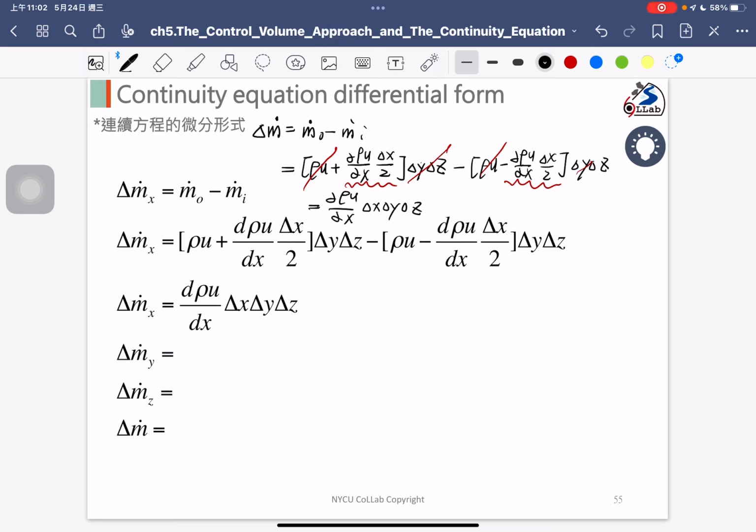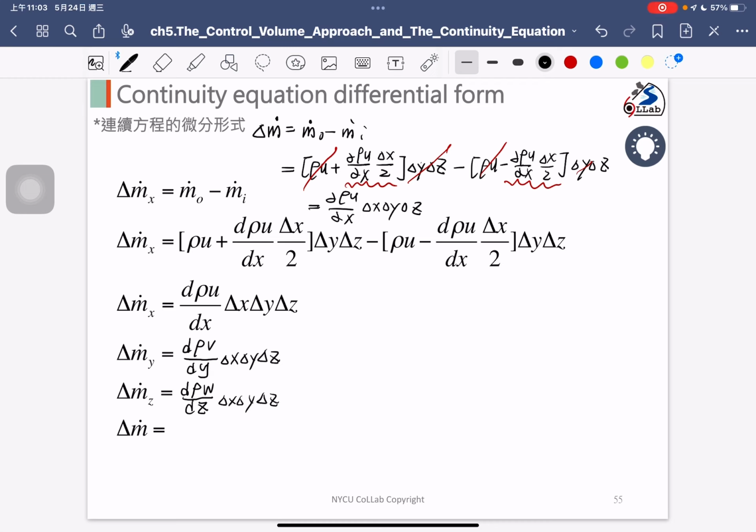This is the mass flow rate change along the x direction. Similarly, we can write it for the other directions. For the y direction, u changes to v, giving ∂(ρv)/∂y, and again Δx Δy Δz. For the z direction, we have ρw and ∂z, times Δx Δy Δz.